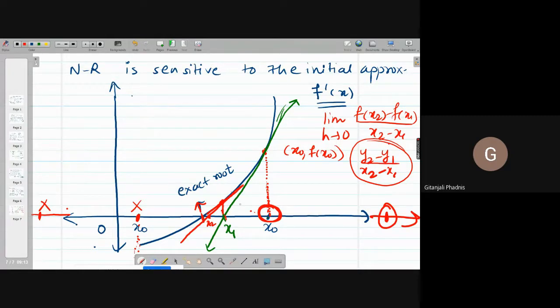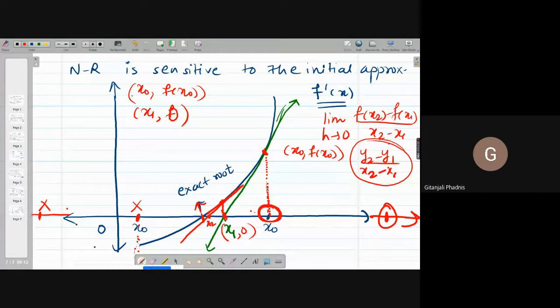Okay, so what we are doing here also is, see, I'm having 2 points right now. One point is x naught, f(x naught), and this point is on the x-axis. I have 2 points, x naught, f(x naught), and another point x1, 0.